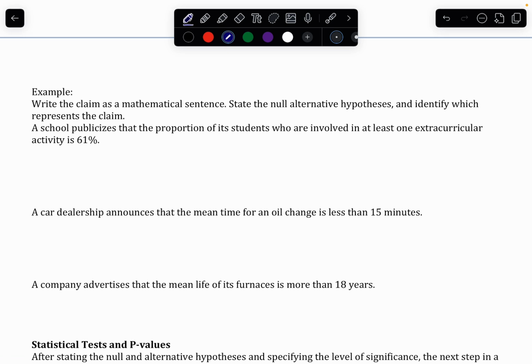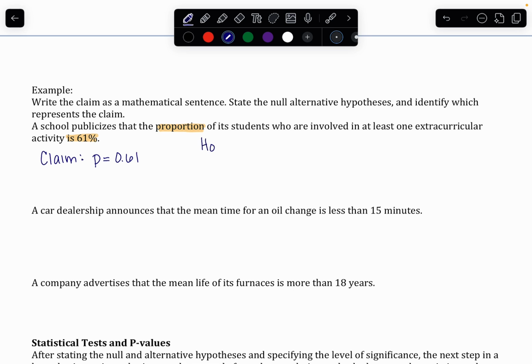A school publicizes that the proportion of its students who are involved in at least one extracurricular activity is 61%. So we're looking at the proportion, and we're saying that it is 61%. So that is our claim. P equals, we're going to change that to a decimal, so we get 0.61. Then we're going to state our null hypothesis and our alternative hypothesis.